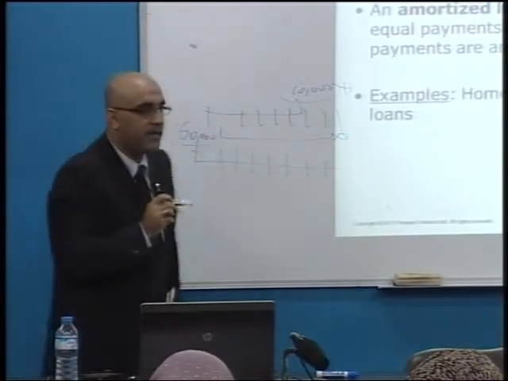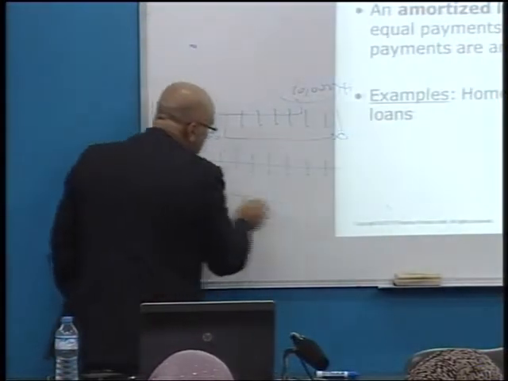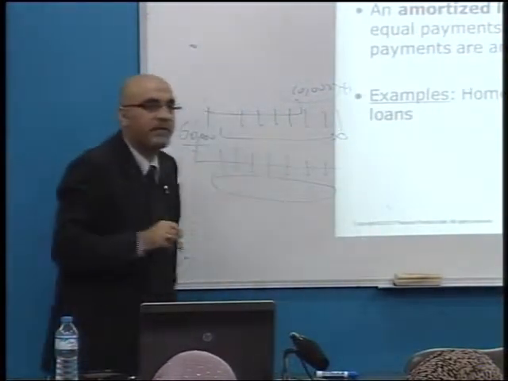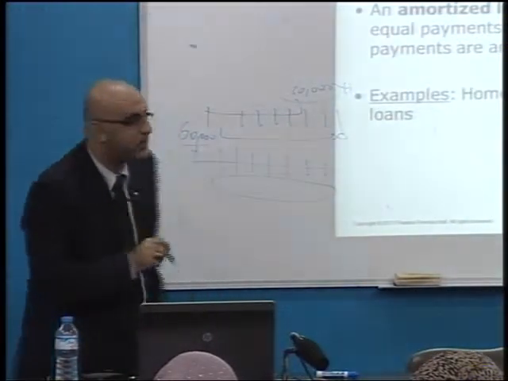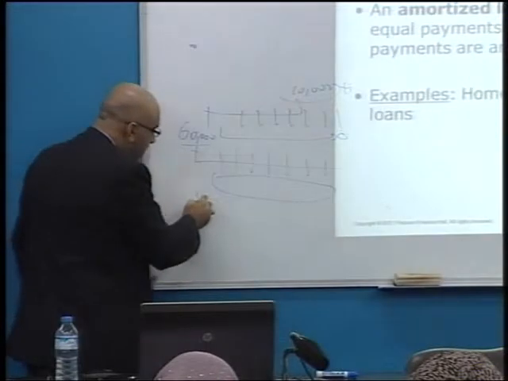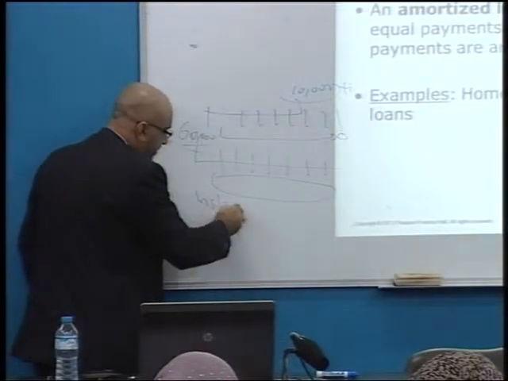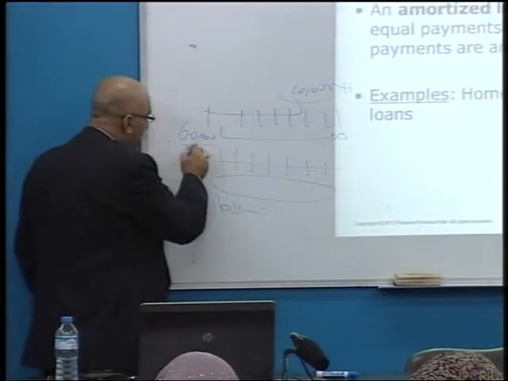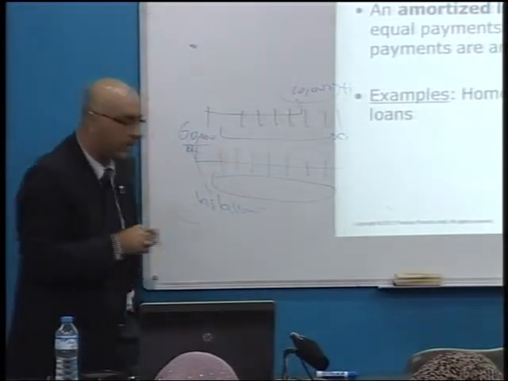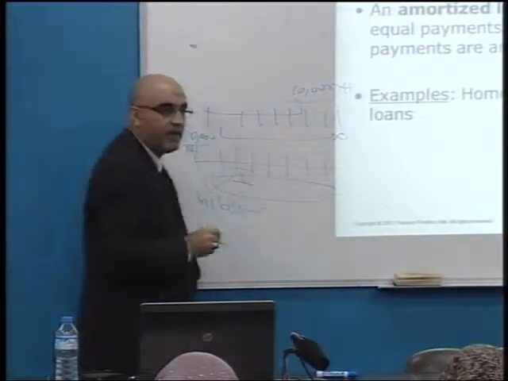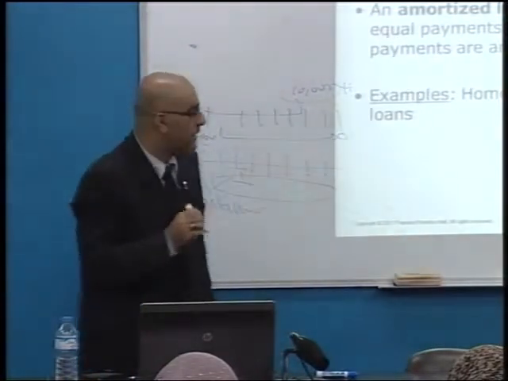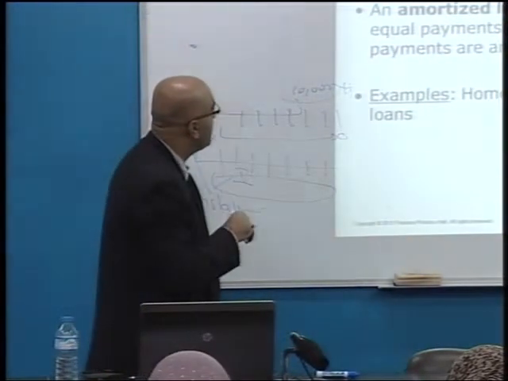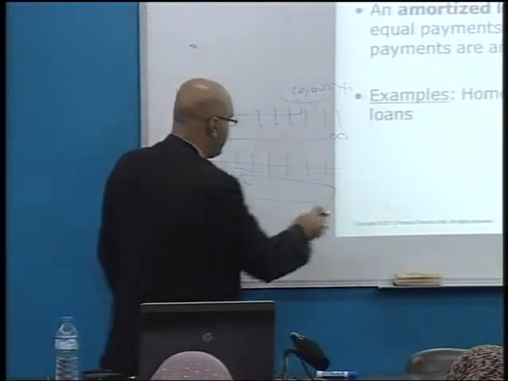Be careful. If you sum the payments, it doesn't equal $60,000 because the installments include a portion of the $60,000 and I is the interest rate of the loan. So this is the idea of the amortizing loan.